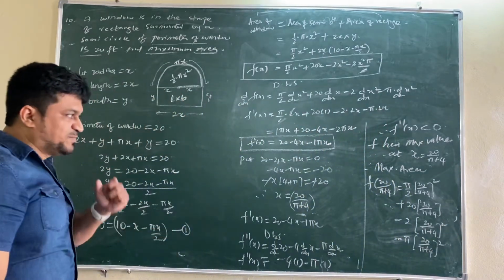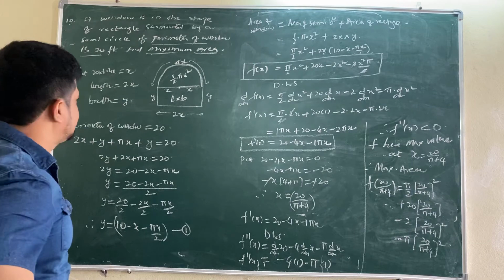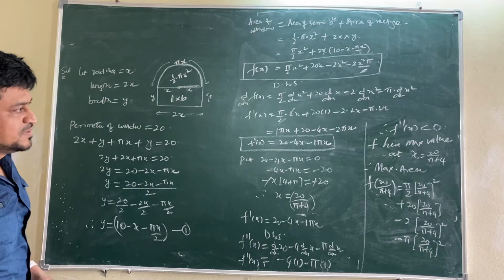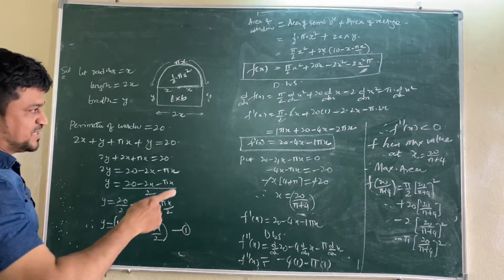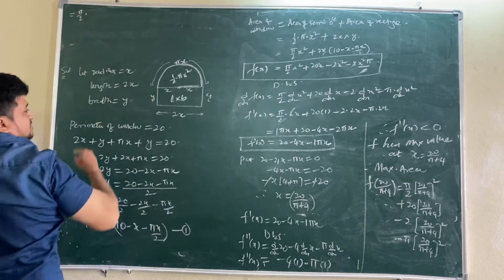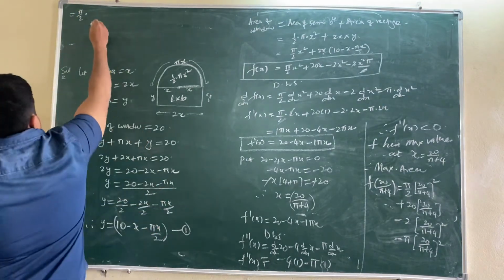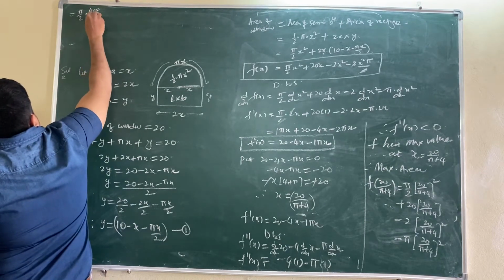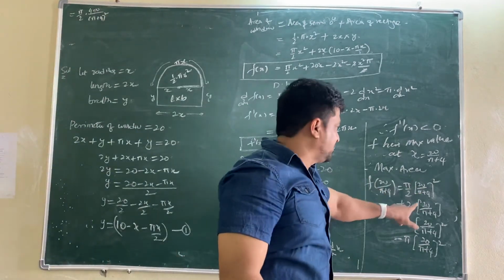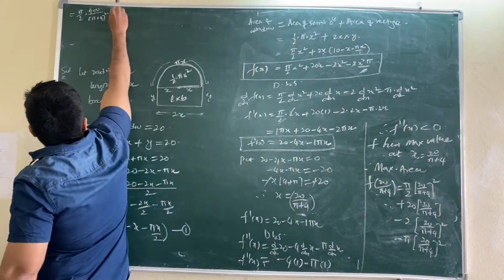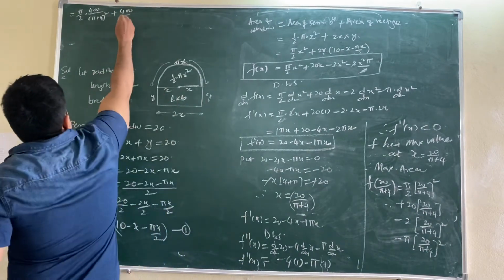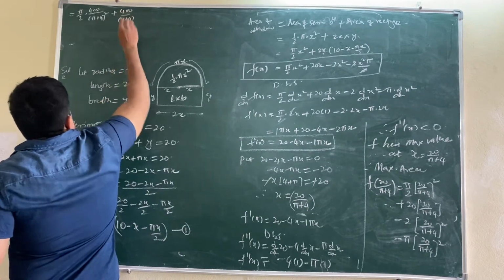Okay, to simplify that, first we'll simplify the numerators. Pi by 2 into 20 square, 400 by 2. The square I have distributed to both of them. Plus 20 into 20, 400 by pi plus 4.